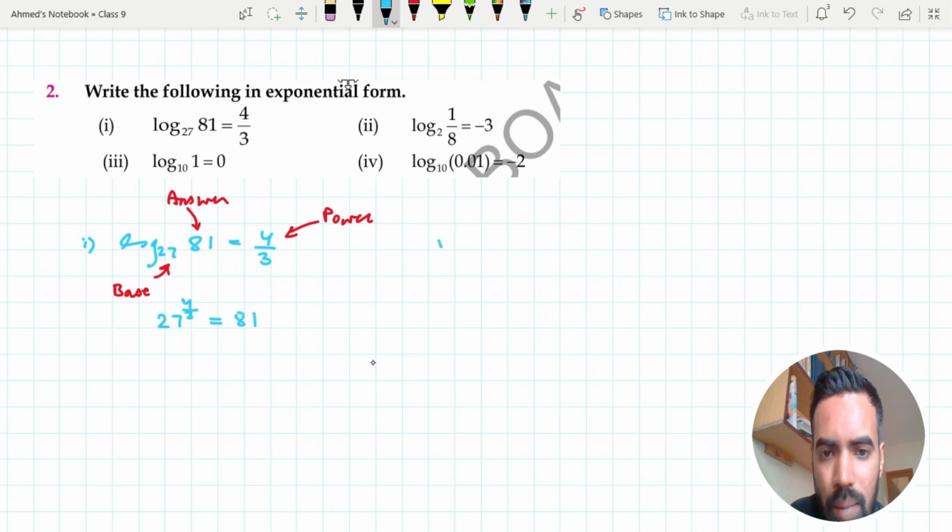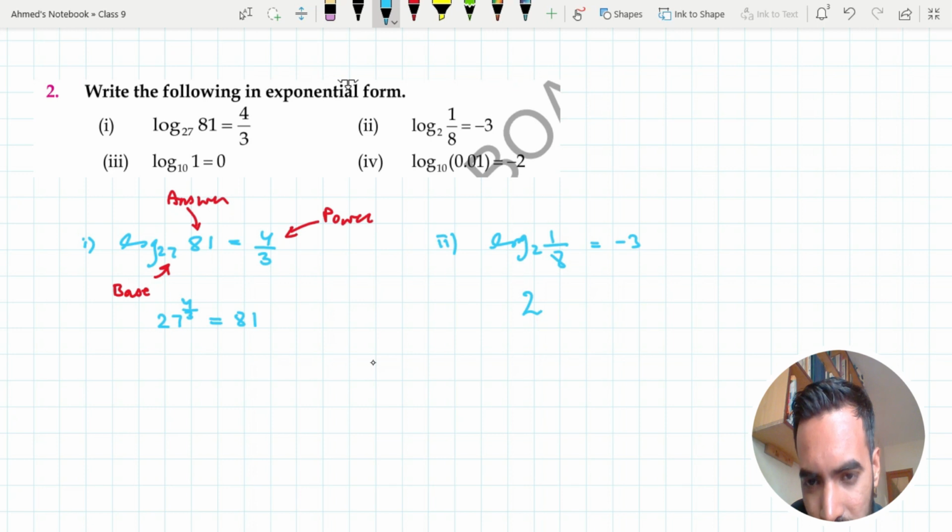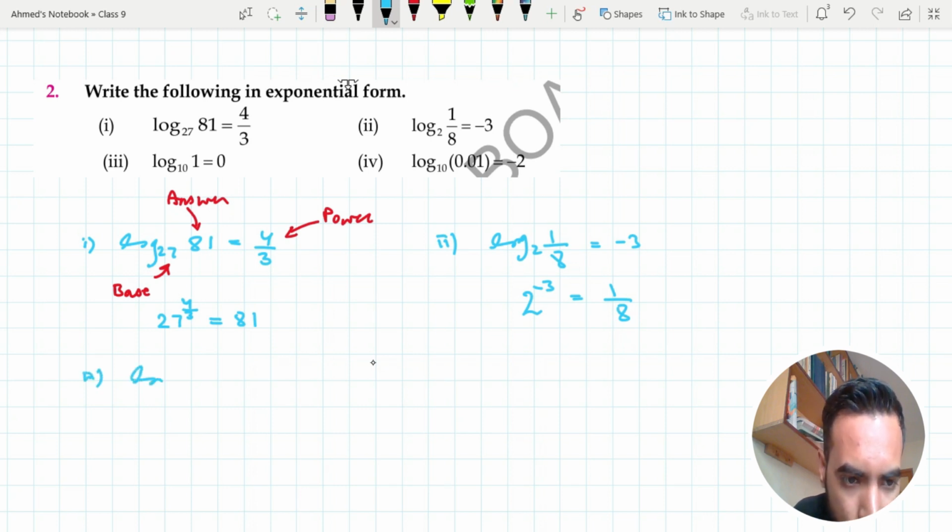Same as part 2, log 1 over 8 with base 2 equals minus 3. So I can write 2 with power minus 3 equals 1 over 8. Same as part 3, log 1 equals 0; since the base is 10, I will not say log 1 with base 10, just log 1 equals 0.